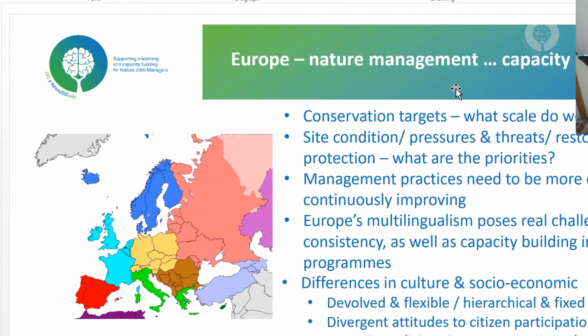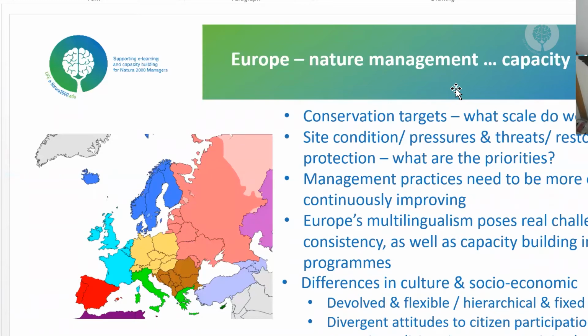And indeed, we're probably working at a global level as well, in terms of how our individual protected areas and Natura 2000 sites contribute to and function in terms of their contributions to global biodiversity targets. For Natura 2000 managers, protected area managers, there can be a daunting choice to be made about how you allocate resources, where you allocate time.